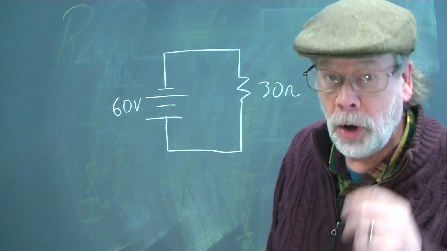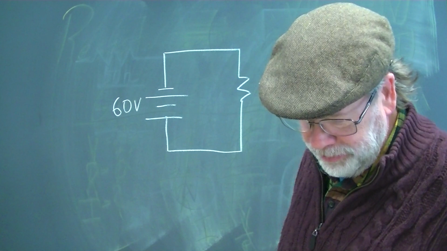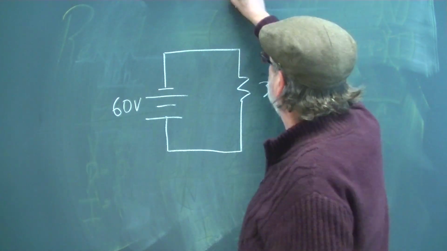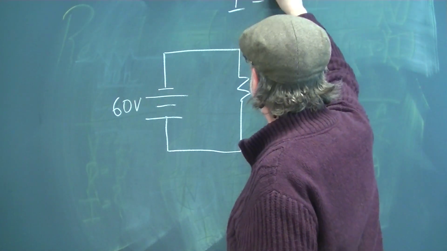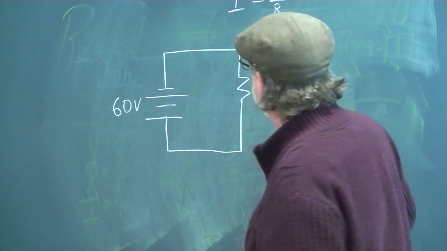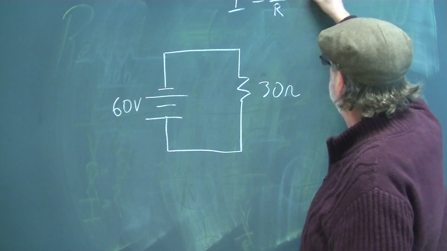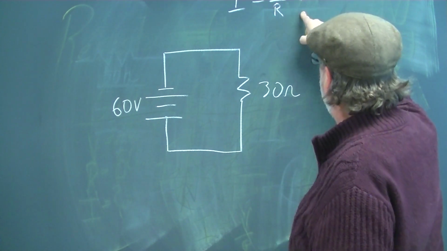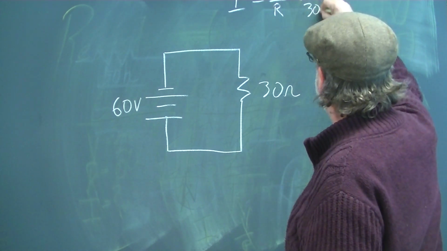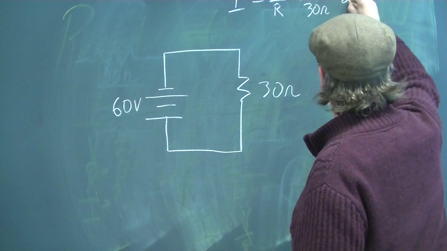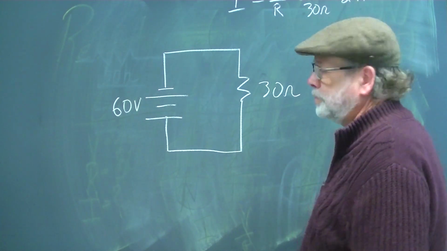Now, using Ohm's law, what are we going to have? All right? Well, Ohm's law solved for current is I equals V over R. So we'll just put the things in here. So 60 volts over 30 ohms gives us 2 amps.